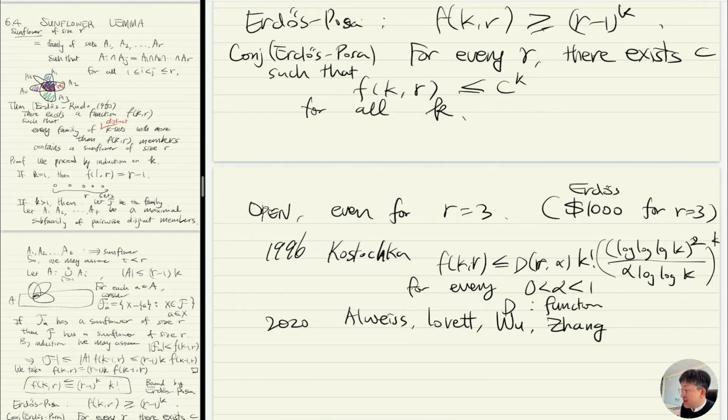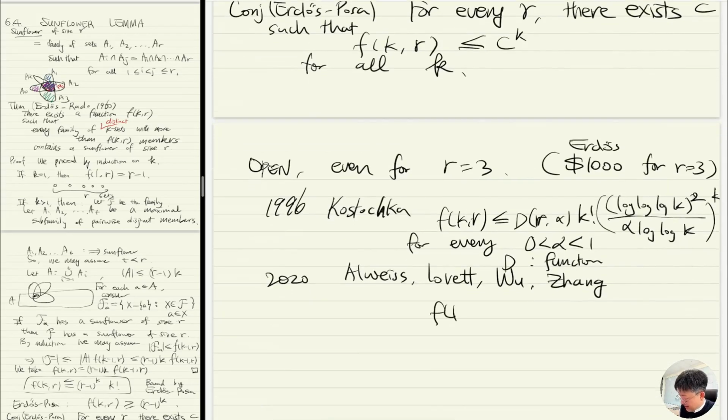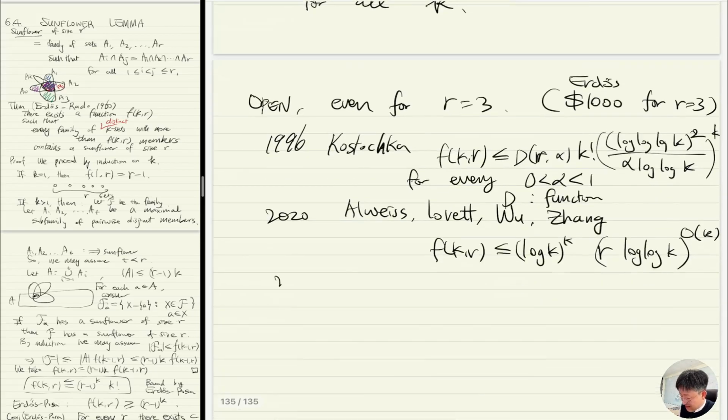And they proved that f(k, r) is at most (r log k) to the big O of k. And soon after, so the years are actually the year that the paper was published, but actually this was done in 2019.